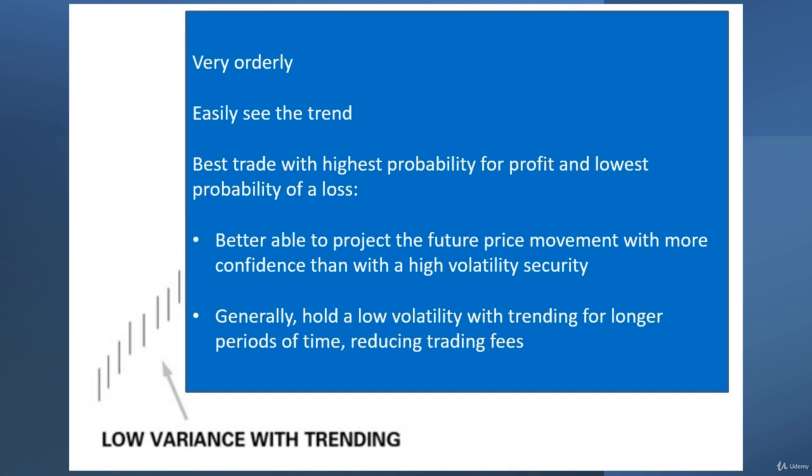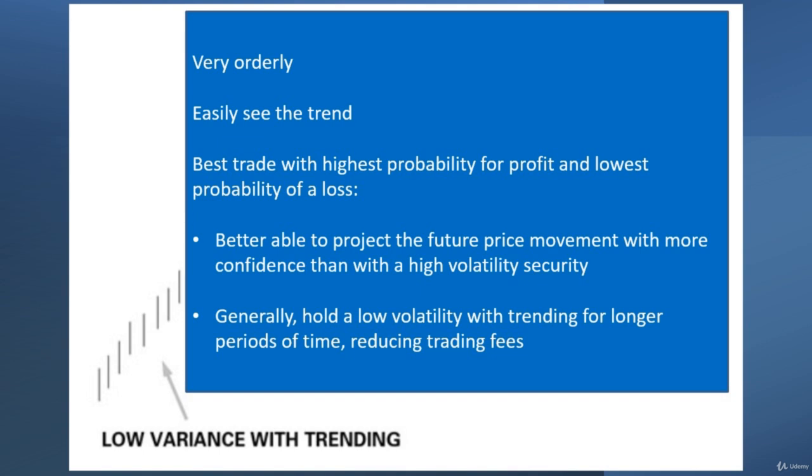You consider this the best trade opportunity with the highest probability for profit and lowest probability of loss. And your reason for this is you're better able to project the future price movement with more confidence than with a high volatility security, because it's all nice and orderly, very low volatility. And generally, you hold a low volatility with trending for longer periods of time, which can help reduce trading fees or other types of fees too.